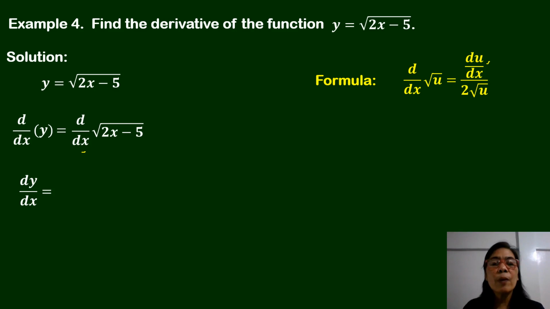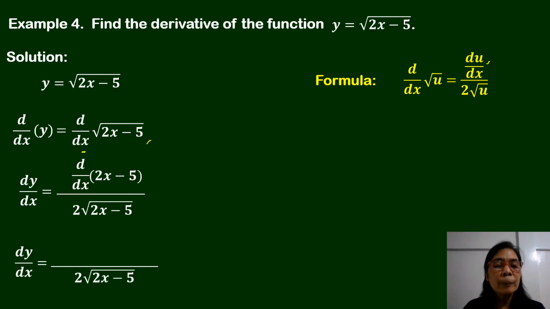So following the formula, this will give us a fraction. The numerator is the derivative of the radicand, that's 2x minus 5, all over twice the radical.